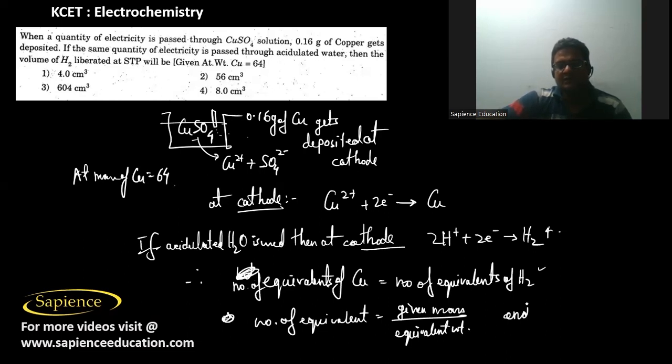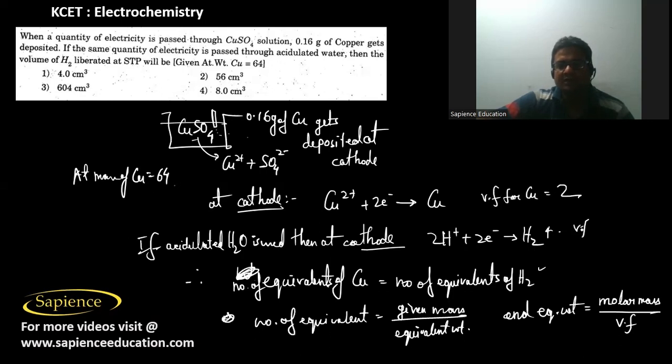The equivalent weight is the molar mass divided by the valency factor. Here the valency factor for copper is 2, and the valency factor for hydrogen is also 2, since in both cases it is gaining 2 electrons.